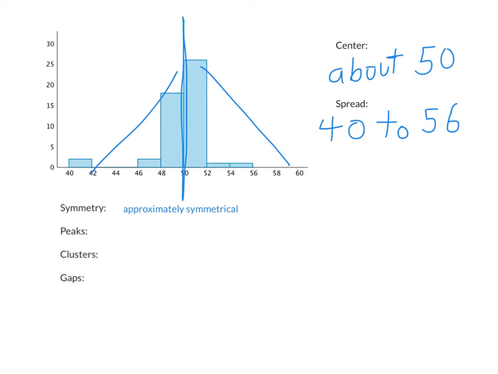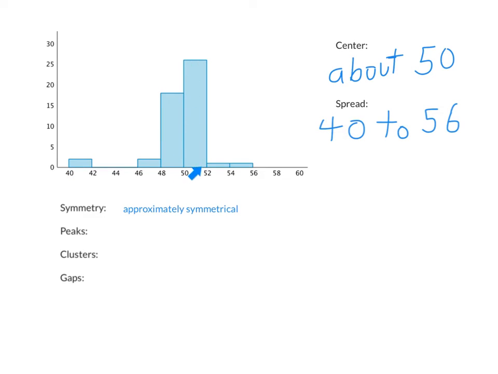Okay, peaks. Clearly we've got a peak up here. Let me erase these lines so they're not in the way. We've clearly got a peak right here above, let's say, 51. And you can say we have a little tiny peak over on the side. It's higher than the other points at 41. This is a matter that you can argue about.